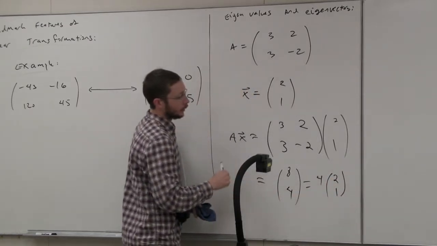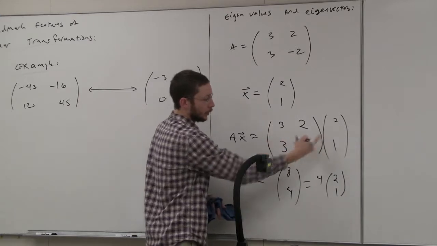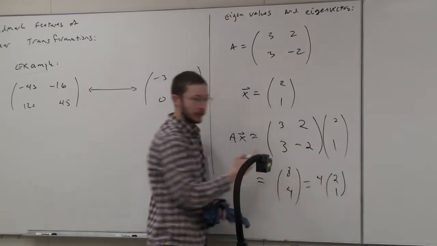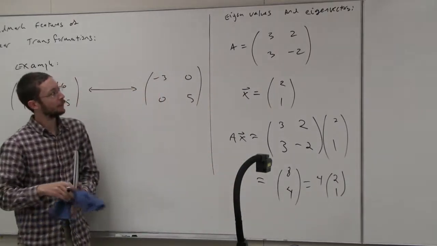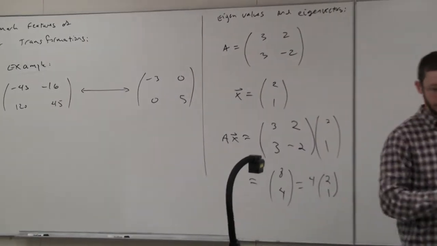And so we notice that we have this special relationship between this matrix and this vector: you hit that vector with this matrix, and we end up getting a rescaled version of the original vector, right? And so this is what's called an eigenvector.